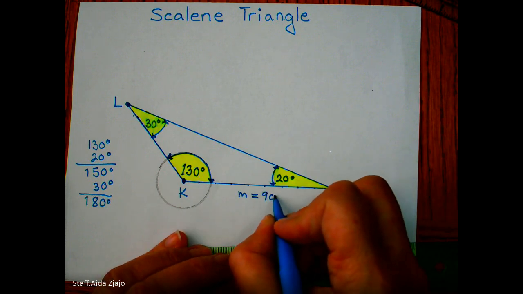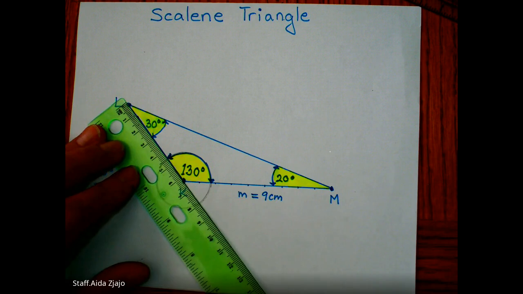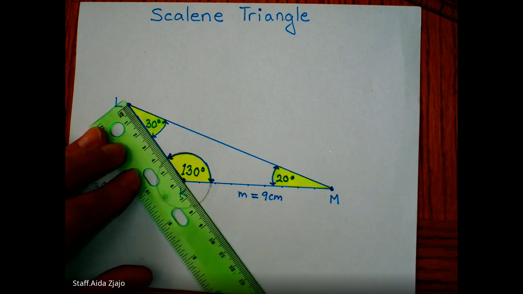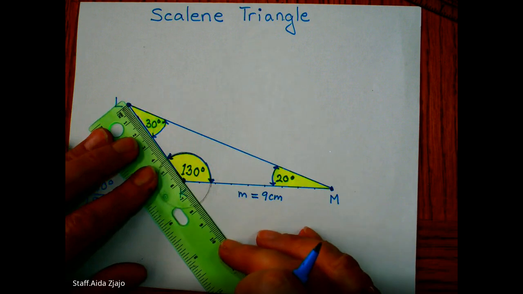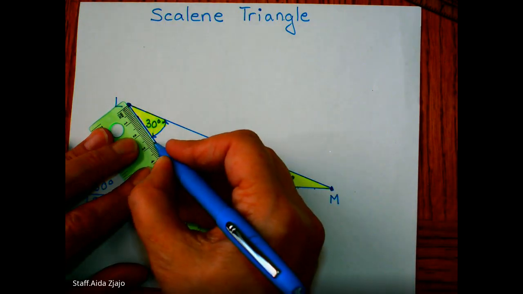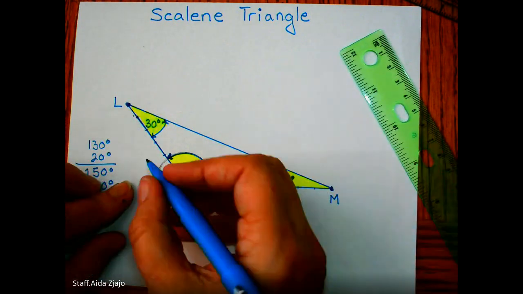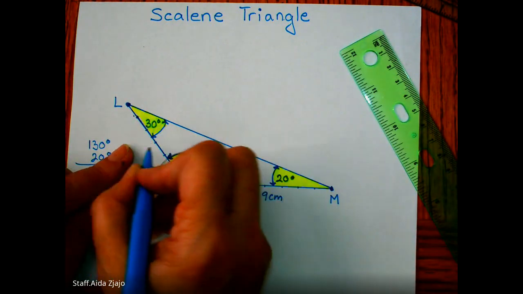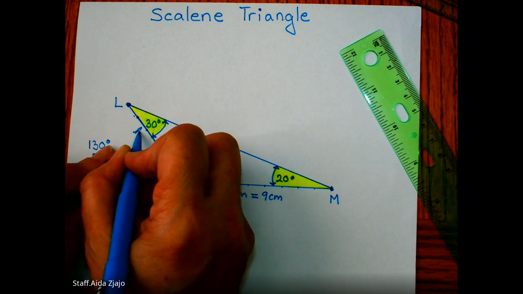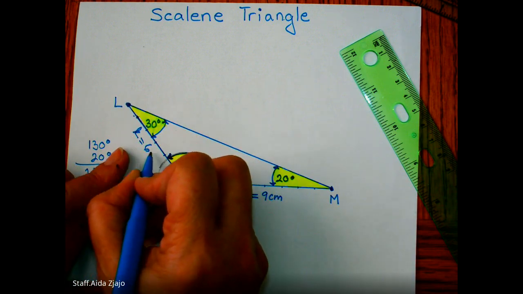I can measure line segment KL, and that is about 6 centimeters. So I can also mark those centimeters if I need to. And let's pretend that this is a K. Line segment K is equal to 6 centimeters.